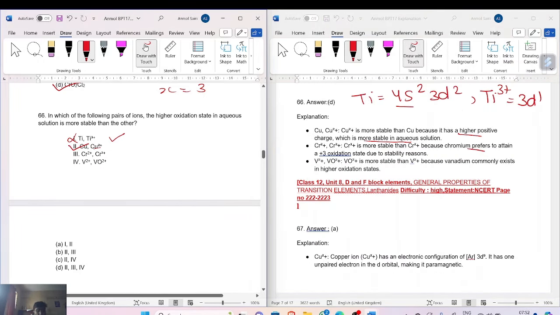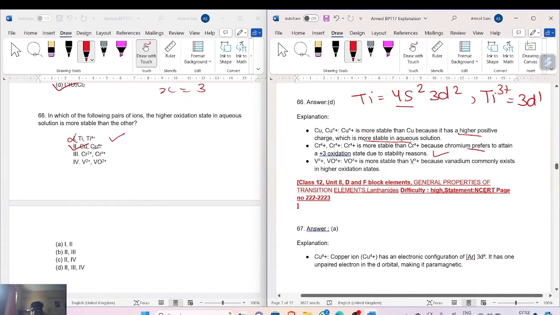Now we will check option 3, which is Cr2 plus and Cr3 plus, and we know that chromium is more stable in +3 oxidation state, so it will be correct, because chromium prefers to attain a +3 oxidation state for stability reasons.